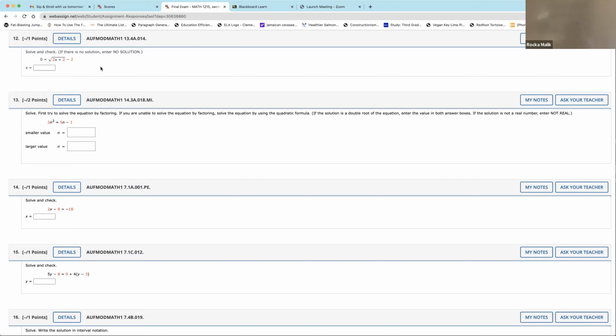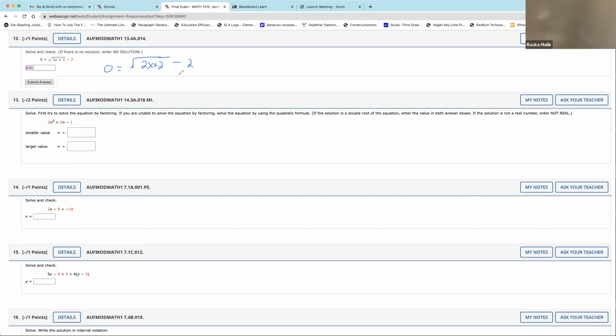Okay, so solve and check. This is a square root with like an extra leftover number. So I'm going to use the square root method. I'm going to get the square root sign and all of his belongings on one side, and I'll move. Oh, hold on. Annotate. Okay, so the square root of 2x plus 2 minus 2 equals 0.